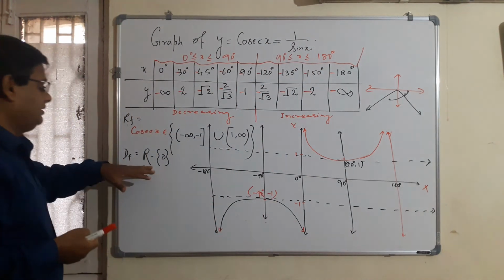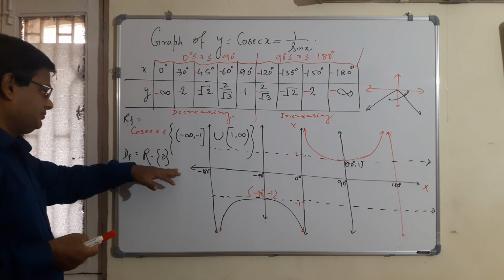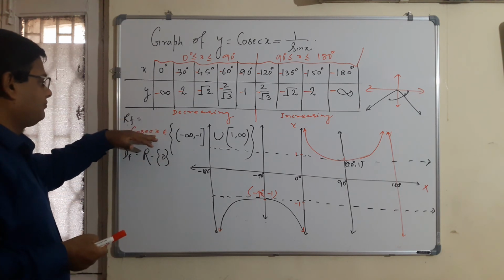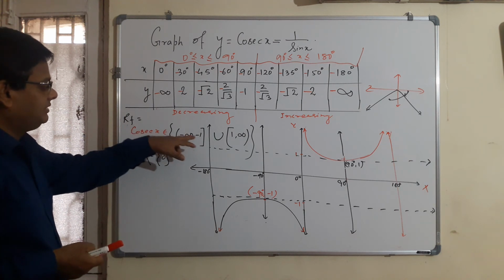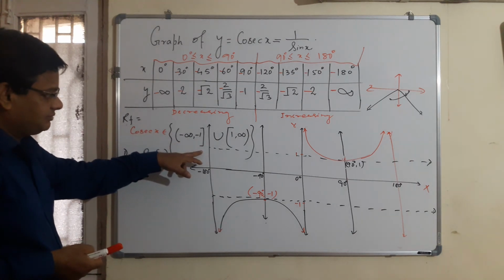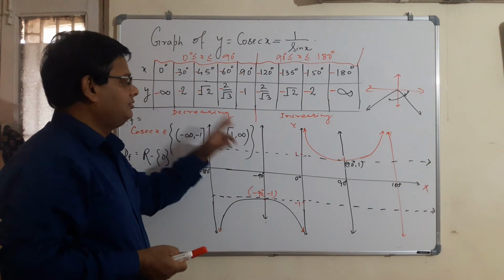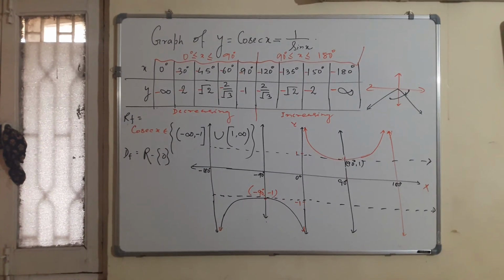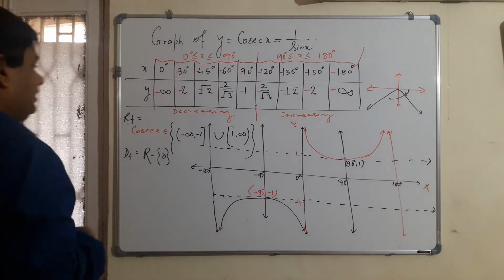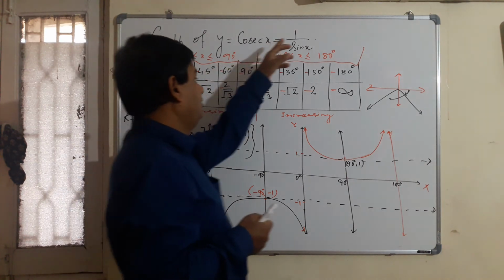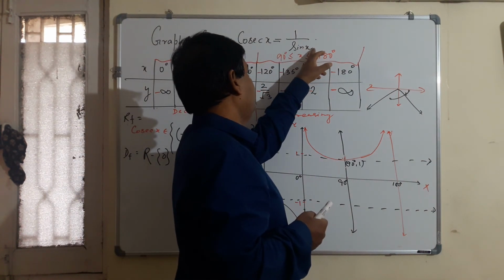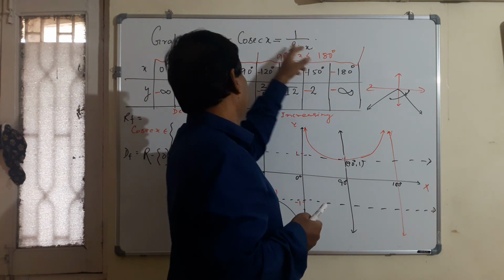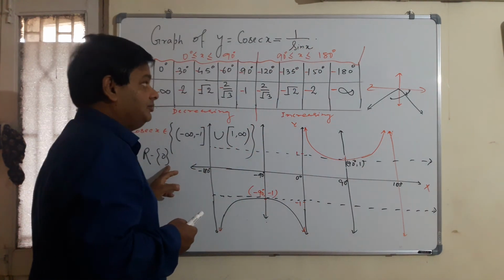So the domain is the set of all real numbers except 0, and the range of cosec x is minus infinity to minus 1, where minus 1 is included, union 1 to infinity. So see here, at 0, sine 0 is 0, so 1 by 0 is infinity. So cosec is not defined at 0.